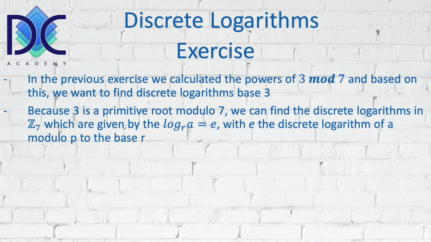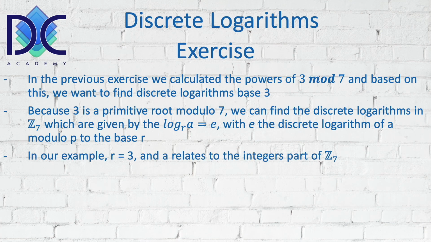Because 3 is a primitive root modulo 7, we can find the discrete logarithms in Z7, which are given by the expression log base r of a is equal to e, with e the discrete logarithm of a modulo p to the base r.